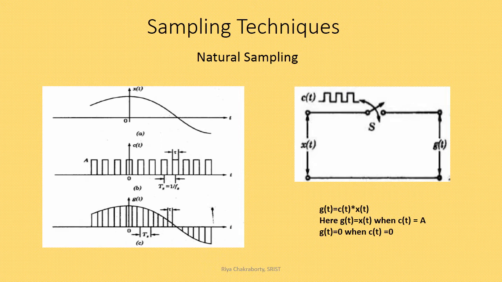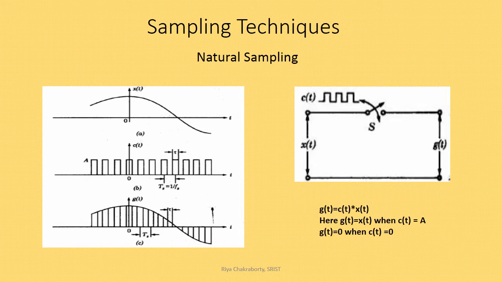Here it is assumed that fs is higher than the Nyquist rate, so fs greater than 2fm, such that the sampling theorem is satisfied. Again, let us consider a sampling function c(t), which is a train of periodic pulses of width tau and frequency equal to fs Hz.